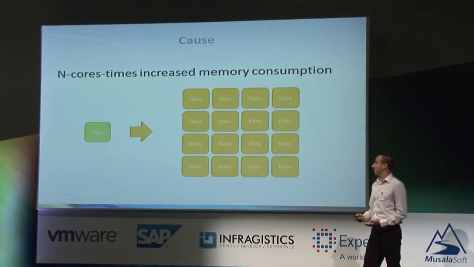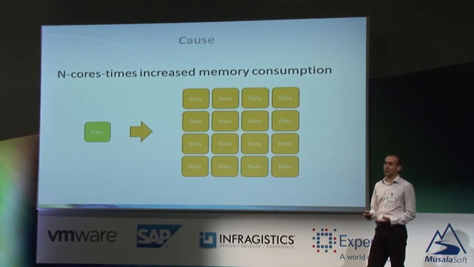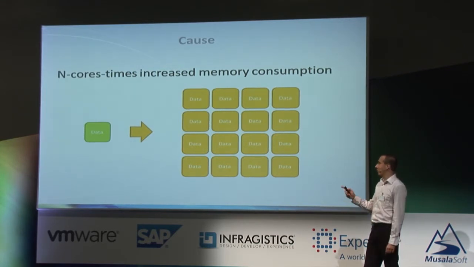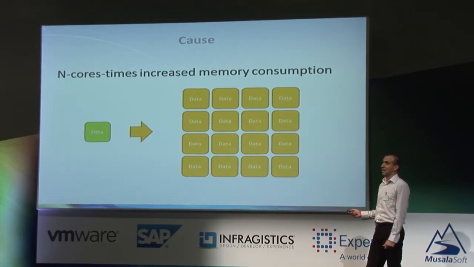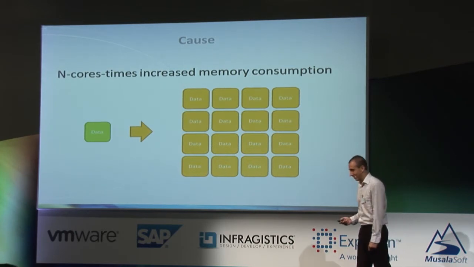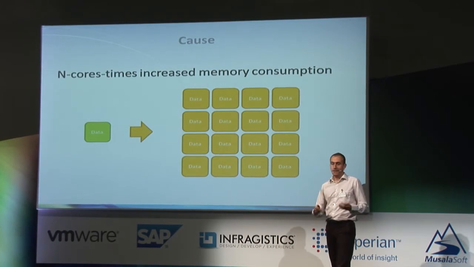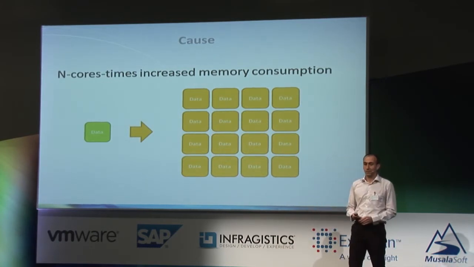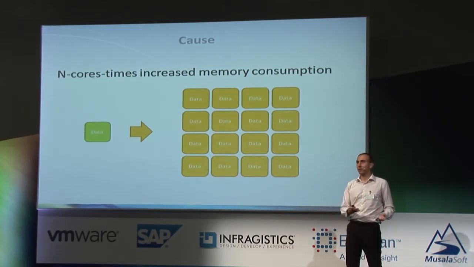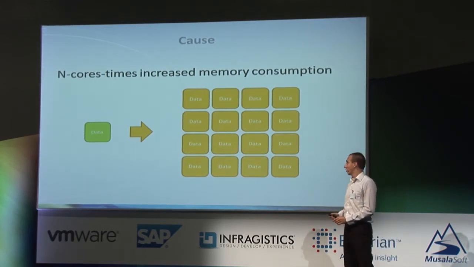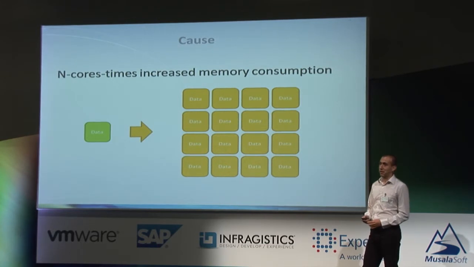So when we have a 16-core machine and we run the application on it, we will have our data multiplied 16 times. And since the application was not meant to run in such an environment, there was a lot of excessive data in the data objects. So it causes the out-of-memory error.